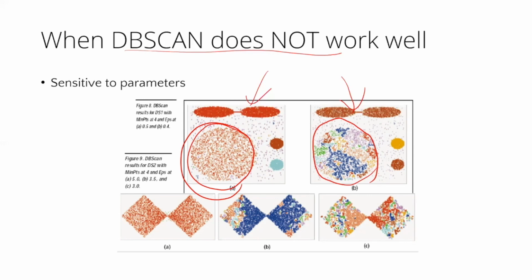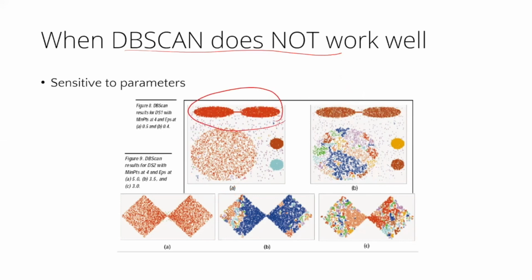Okay. Another thing is, since we're using density propagation, if you look at these two oval shapes on the top, you can see that there's a line in the middle that's connecting the two. So again, your brain probably would like to split them into two clusters, but the DBSCAN algorithm is not capable of recognizing this kind of thin connection between the clusters.